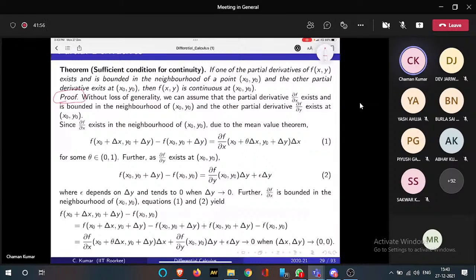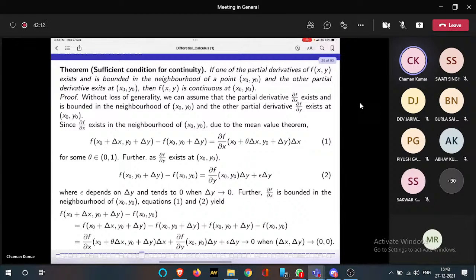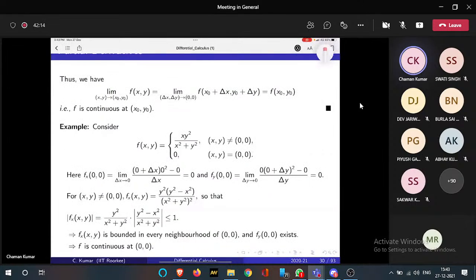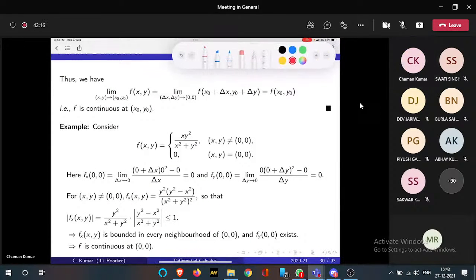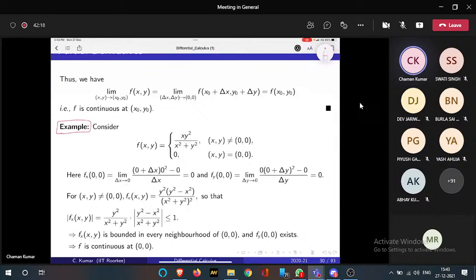If you find any difficulty in understanding it, you can give me a call anytime and we can discuss it. Based on this result, we consider one example. We have the function f(x, y) equal to x y square divided by x square plus y square.